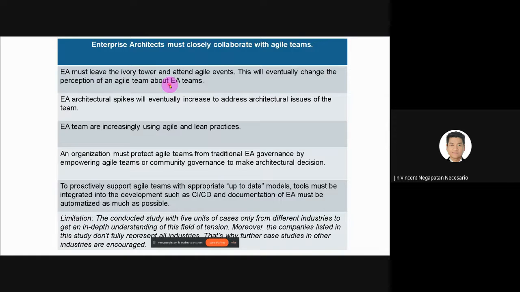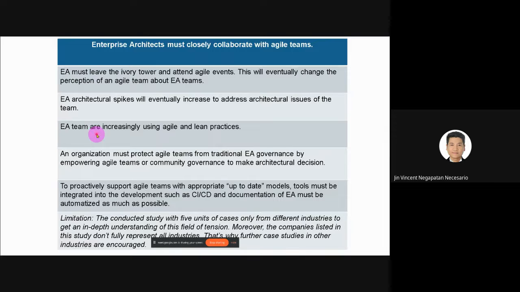I believe they wrote this because most likely agile teams have a hard time communicating with the EA people. And then EA architectural spikes will eventually increase to address architectural issues of the team, which is really very good because it will provide progress for the agile team.